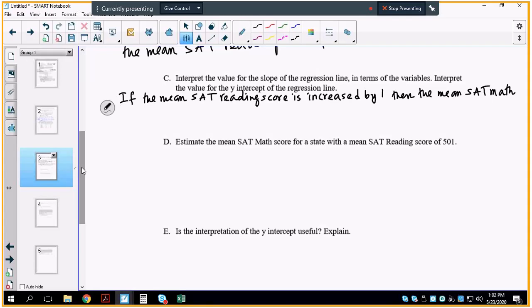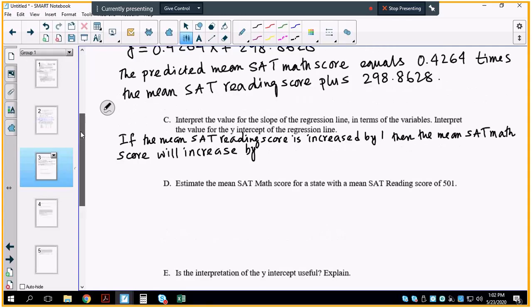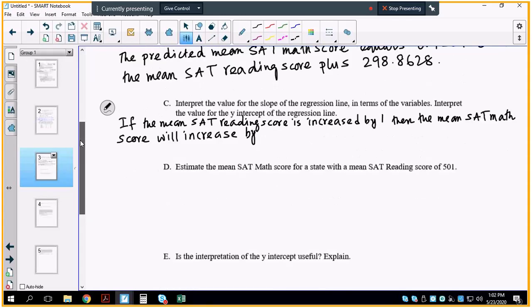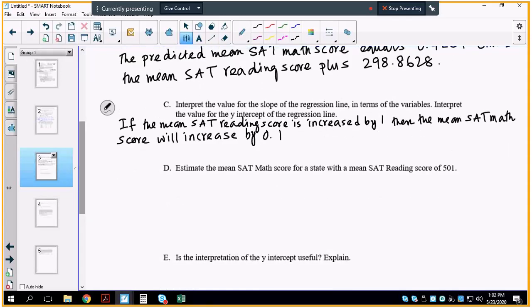So the mean SAT math score will increase by the slope amount, 0.4264, and that would be the interpretation for the slope.